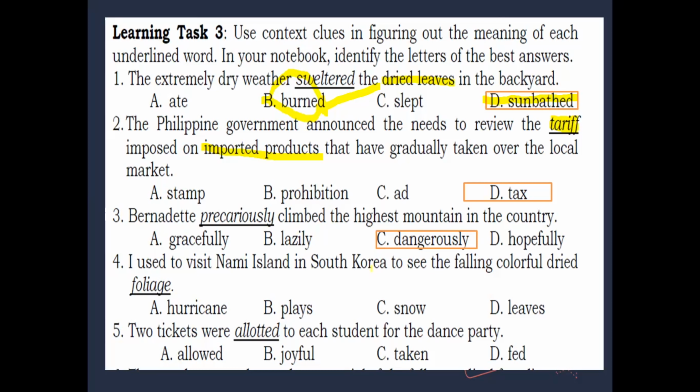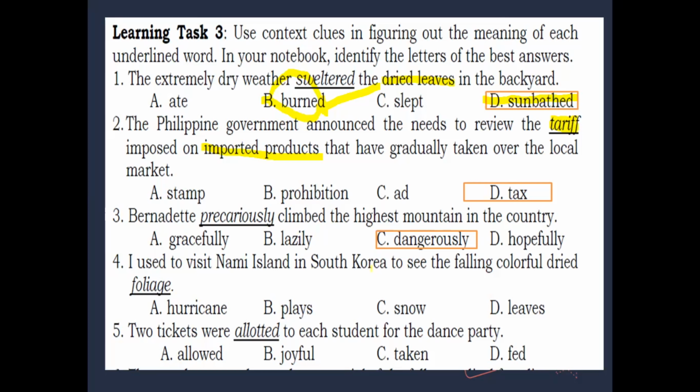Number 4. I used to visit Nami Island in South Korea to see the falling colorful dried foliage. So, what is a foliage? This is the definition of foliage: plant leaves collectively. Okay, plant leaves collectively.